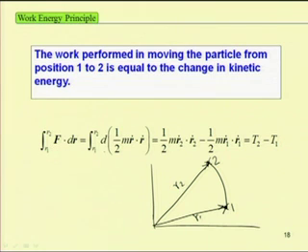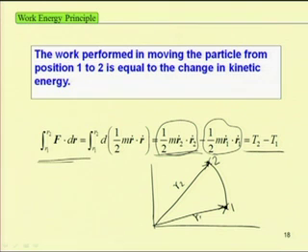From that one can write this expression as d of half m r dot dot r dot, which equals half m times this minus this. This is the kinetic energy at position 2 and this is the kinetic energy at position 1. So, the work done in moving a particle from position 1 to 2 equals the change in its kinetic energy.